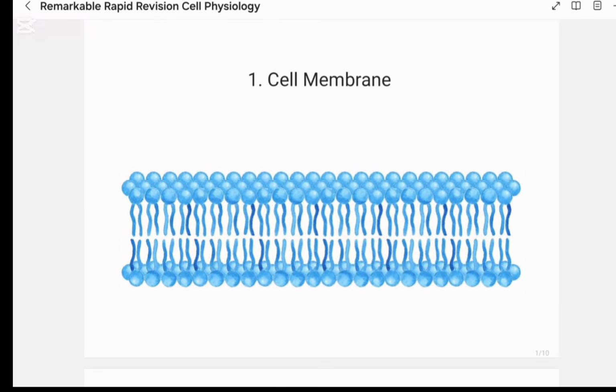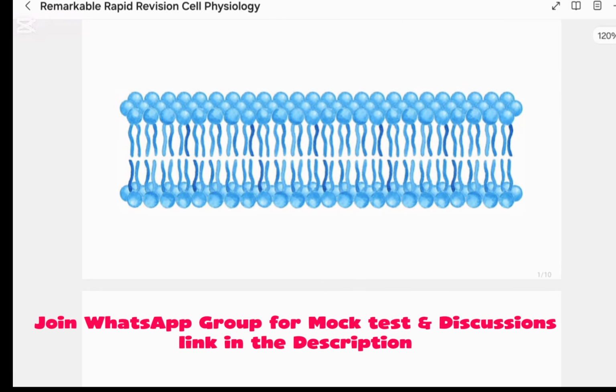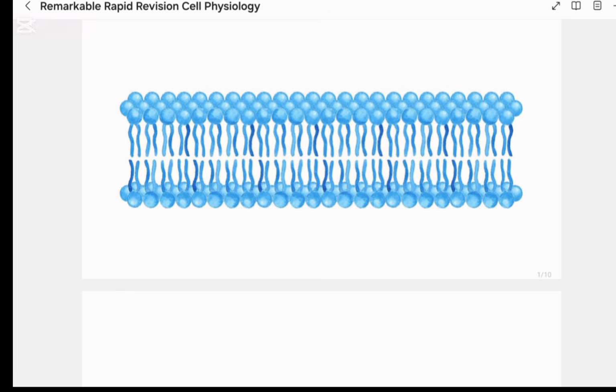तो cell membrane के बारे में you must know that it is primarily composed of phospholipids and proteins. So this right here is a very basic structure of the cell membrane, lipid bilayer. So lipid bilayer is composed of a glycerol backbone which contains these hydrophilic heads.